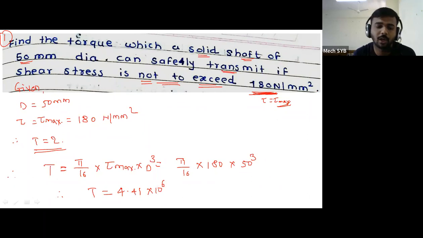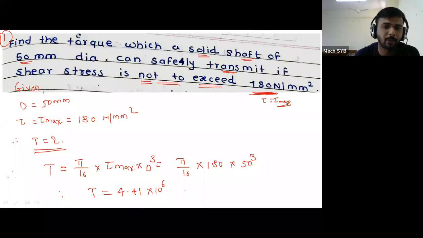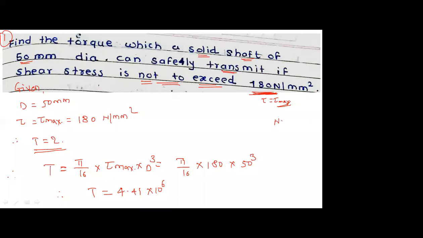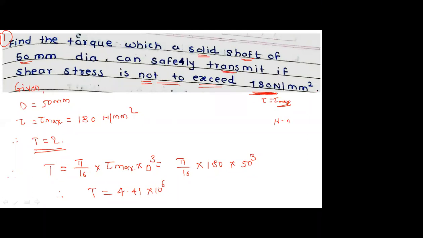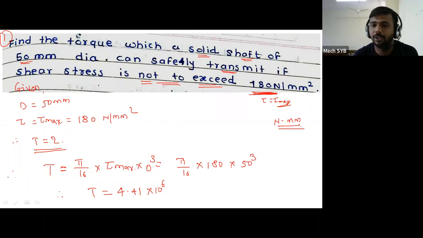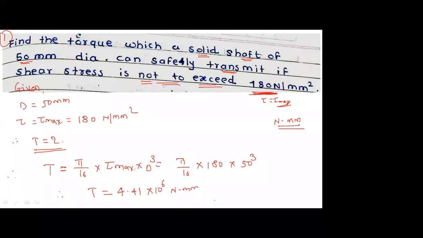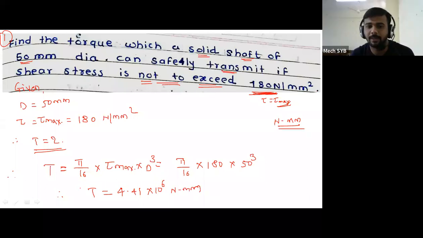What is the unit of the torque? What is the formula for the torque? Force into perpendicular distance. So what is the unit of force? Newton. And the perpendicular distance is in what? mm. That means the unit of torque is Newton mm. This is the torque transmitted by the solid shaft.